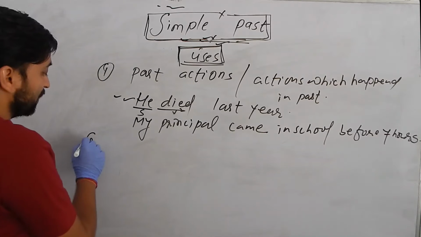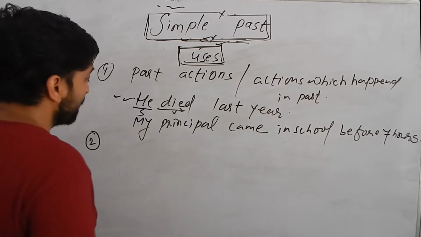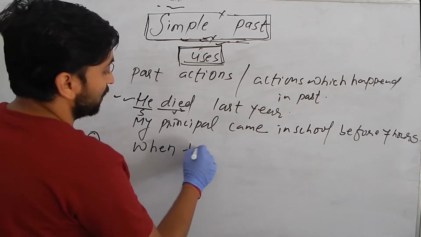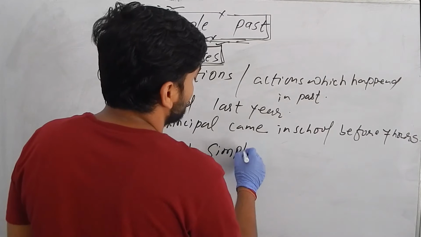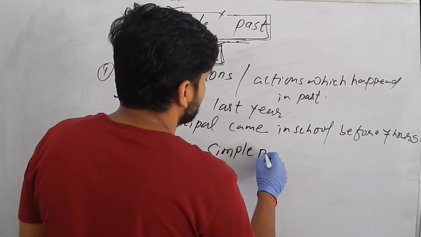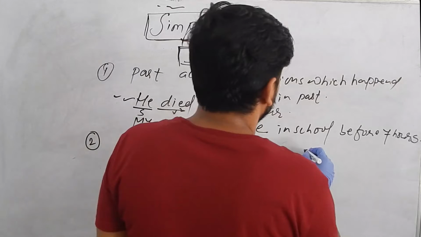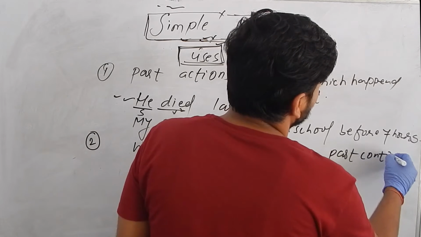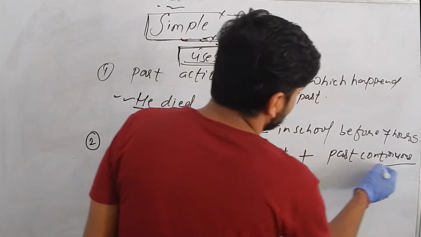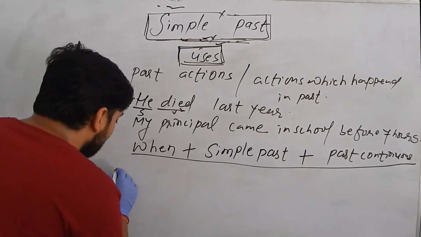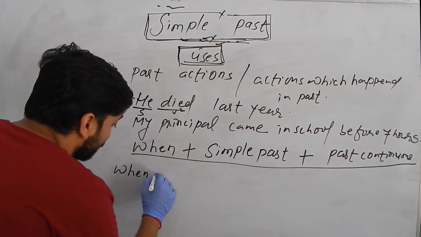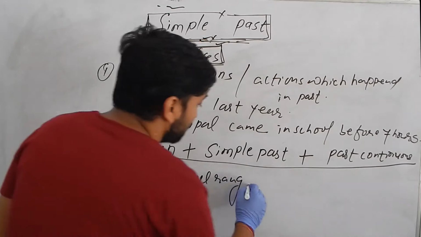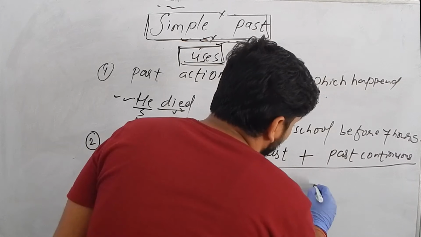Generally, in the second use, we talk about simple past in this kind of statement: when plus simple past, plus past continuous. So try to understand this. See the example: when the bell rang, I was cooking.